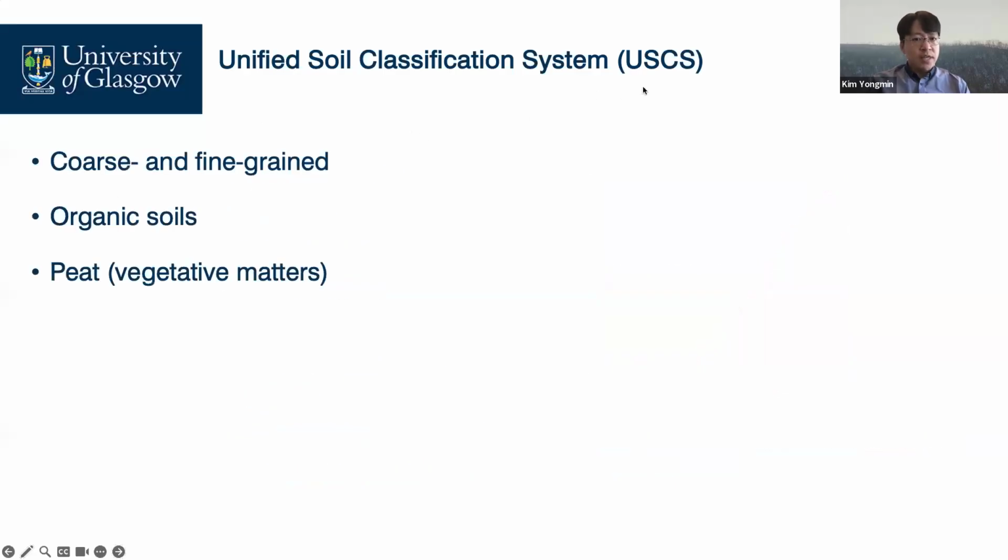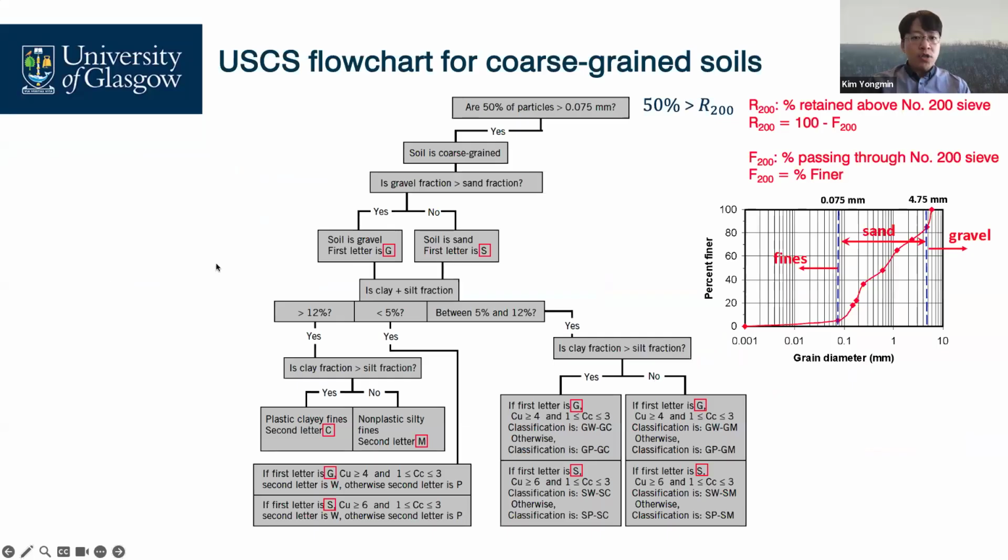According to the USCS, the Unified Soil Classification System, it deals with coarse and fine grain soils and organic soils and peat. According to our sieve analysis results, R is the retained above the 200 sieve, F is the passing through the 200 sieve. This is the opposite concept.